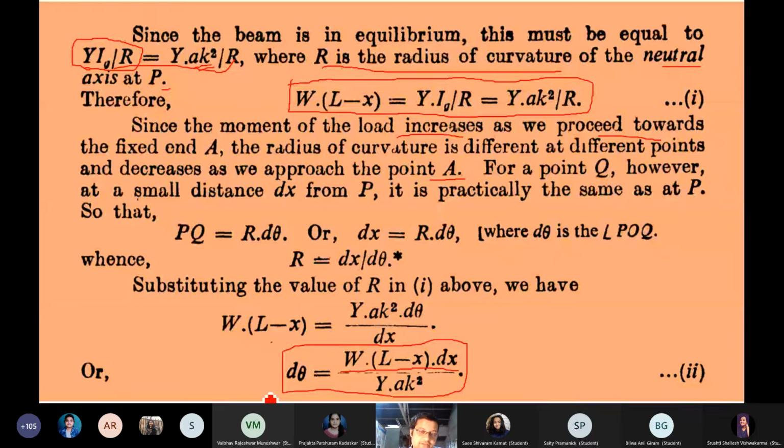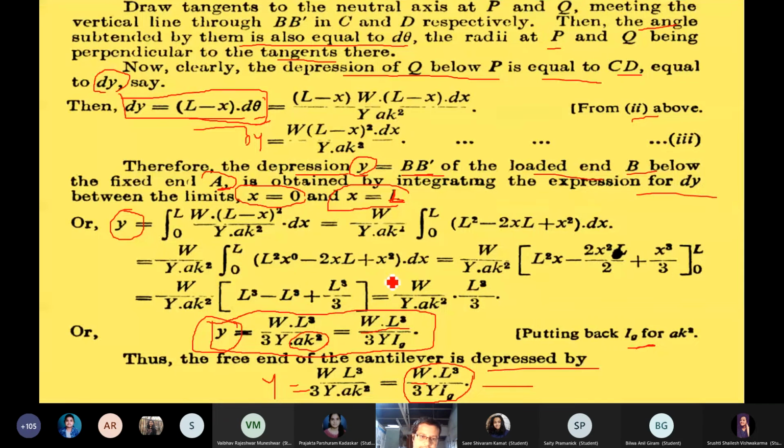So that depression we calculated, a small depression by considering a small portion on that particular beam, and further we solved to get the depression produced by integrating over the total length of the beam.